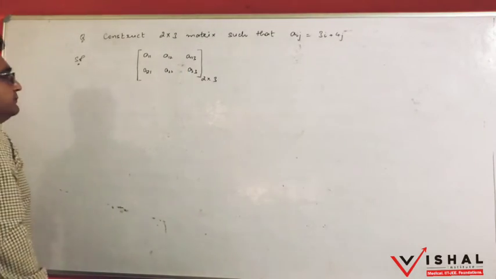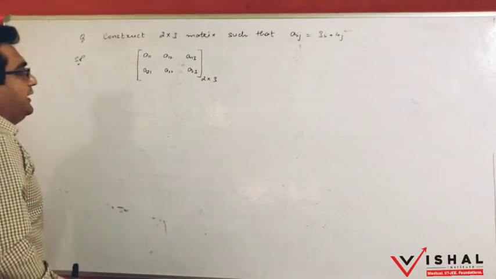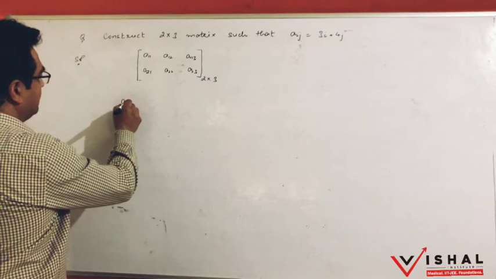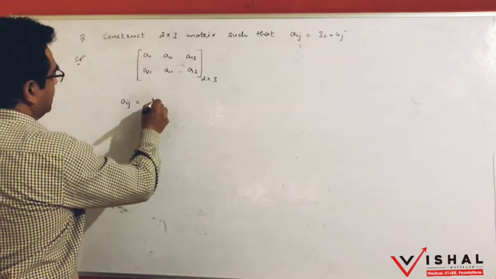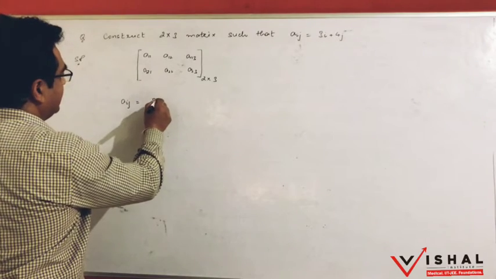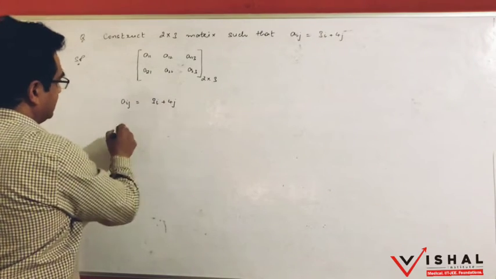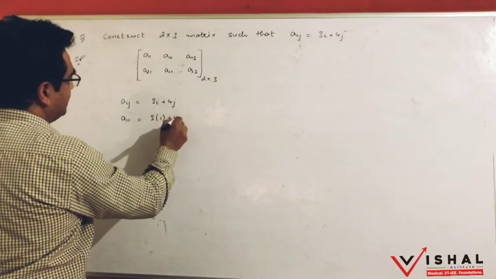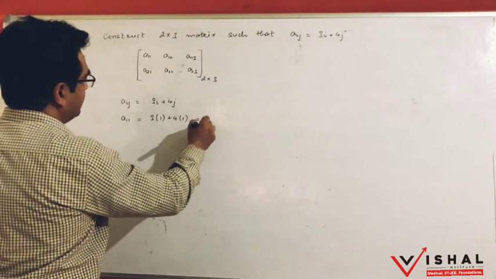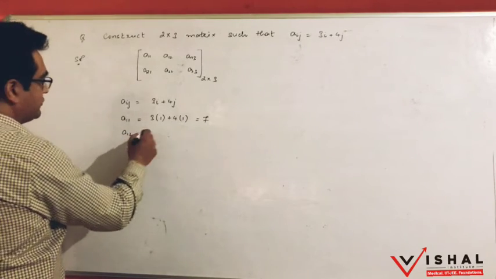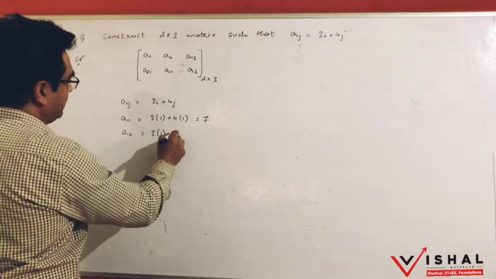Now since Aij is equal to 3i plus 4j. So what is A11? It is 3 into 1 plus 4 into 1, which is 7. And what is A12? Now here i is 1 and j is 2. Put i as 1 and j as 2.